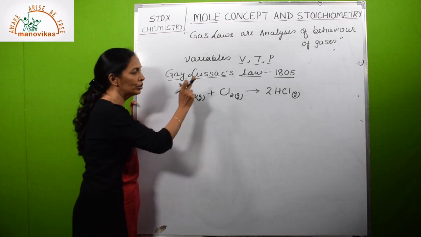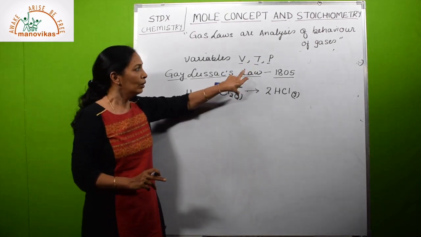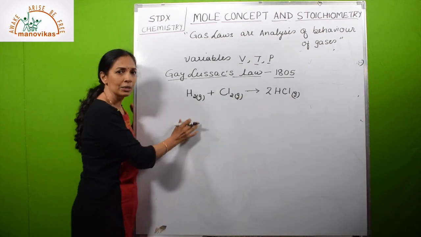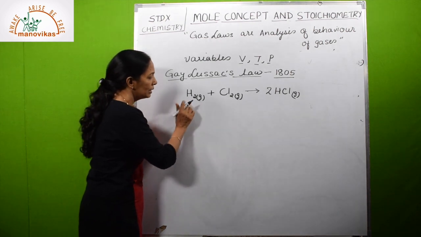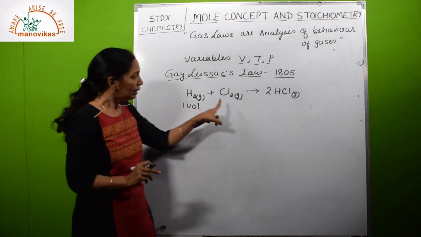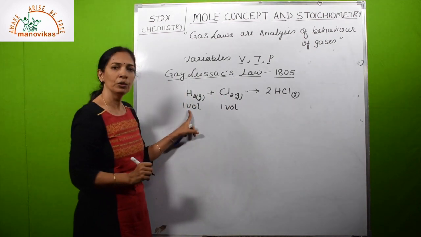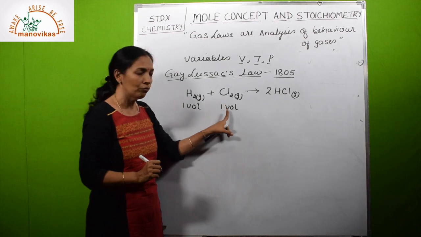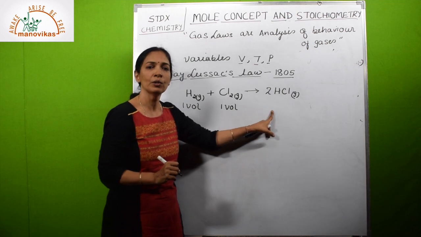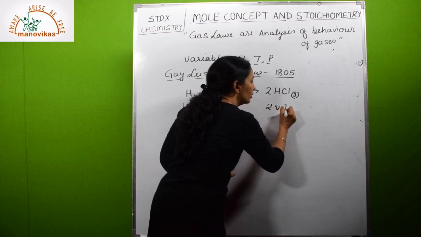One molecule of hydrogen, one molecule of chlorine and two molecules of hydrogen chloride. This law relates to volumes of gases. So we write with respect to volume: H2, one volume. Cl2 is also one volume. So one volume of hydrogen combines with one volume of chlorine and gives out how many volumes of hydrogen chloride gas? Since 2 is written here, 2 volumes of hydrogen chloride gas.